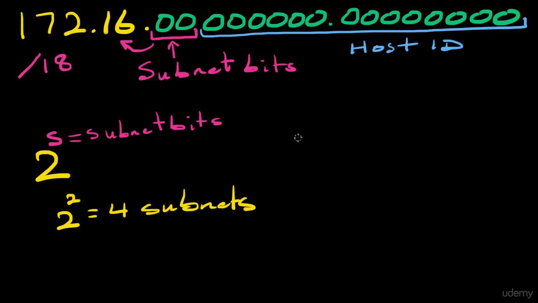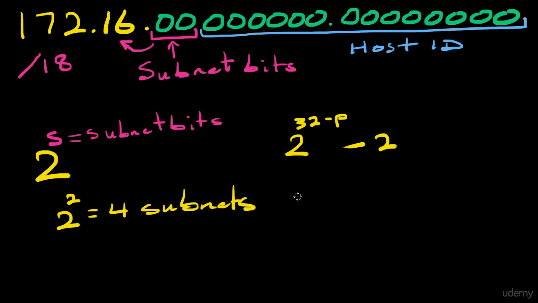Remember the formula we looked at a while back for calculating the number of IP addresses? Do you remember what it was? It was 2 to the power of 32 minus the prefix length, minus 2. That gave us the number of IP addresses we got for a given network ID.